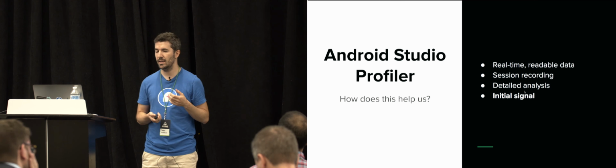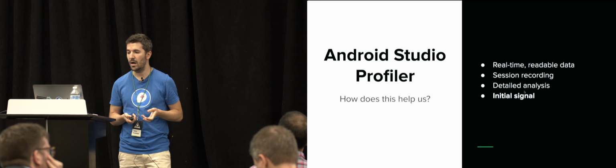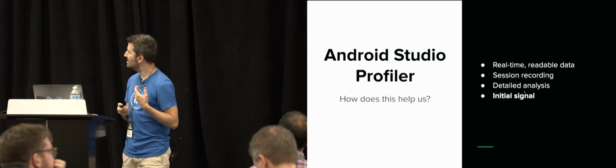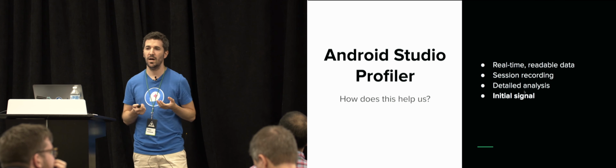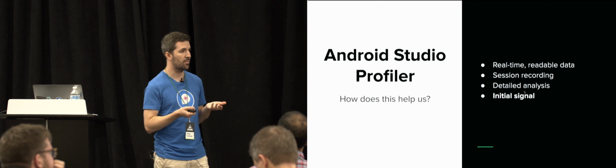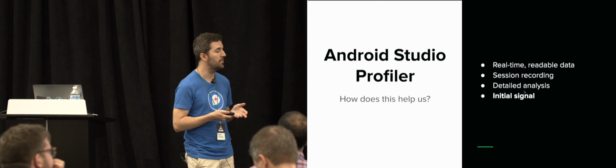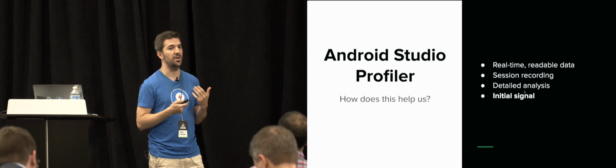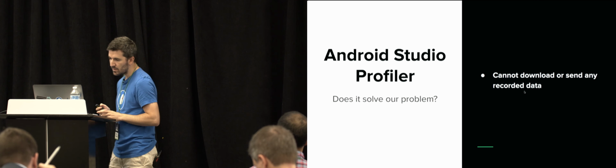It kind of ended there, because does this solve our initial problem of tracking these performance metrics over time? The answer is no, because of these drawbacks that we run into.